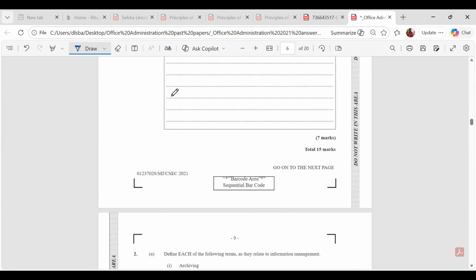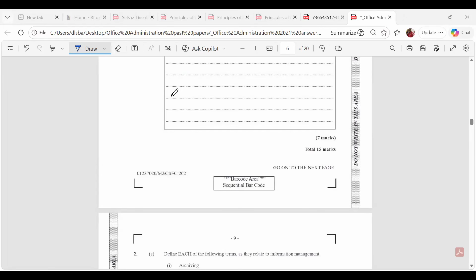Kamaya, does archiving relate to active files that you're using regularly or inactive files that you're not using regularly? Not using regularly. Alright, it's for inactive files.